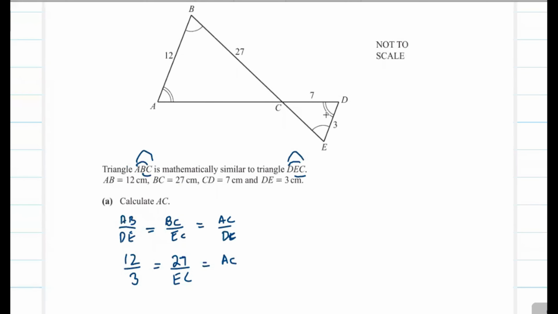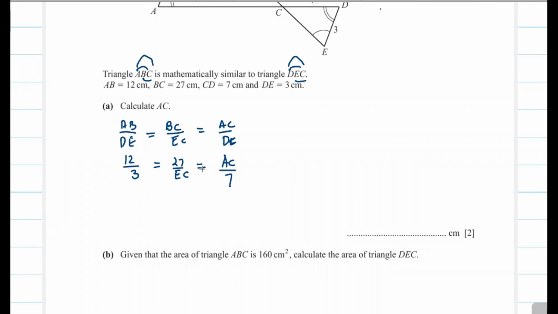And DC, you see here DC length is 7 centimeters. Now 12 over 3 becomes 4. Now AC over 7 can be written as equal to 4. Therefore, AC will be equal to 4 multiplied by 7, that is equal to 28.